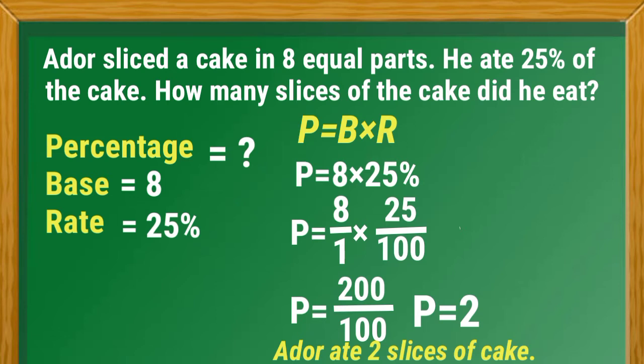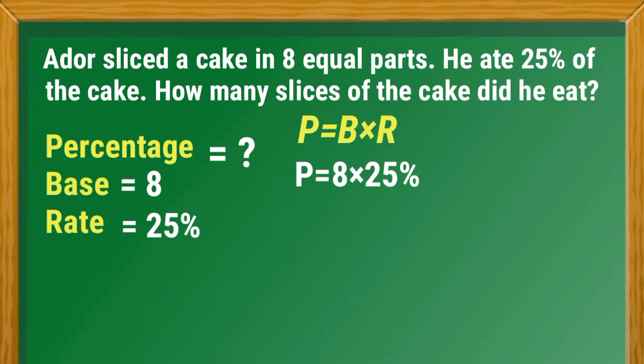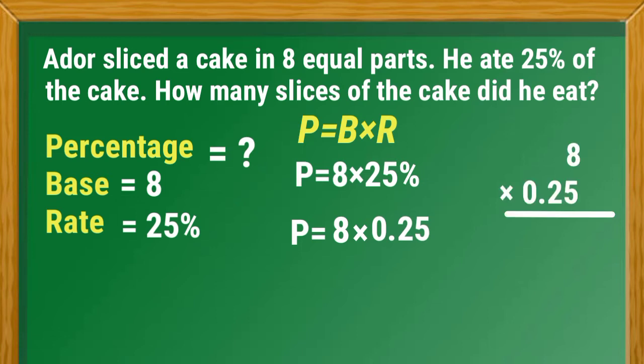Let's try the other way. Let's use the decimal form. So percentage equals base times the rate. The same way, the base here is 8 times 25%. Remember that 25% in decimal is 25 hundredths or 0.25. If we are going to multiply 8 times 0.25, that is 5 times 8, that is 40. 2 times 8 is 16.